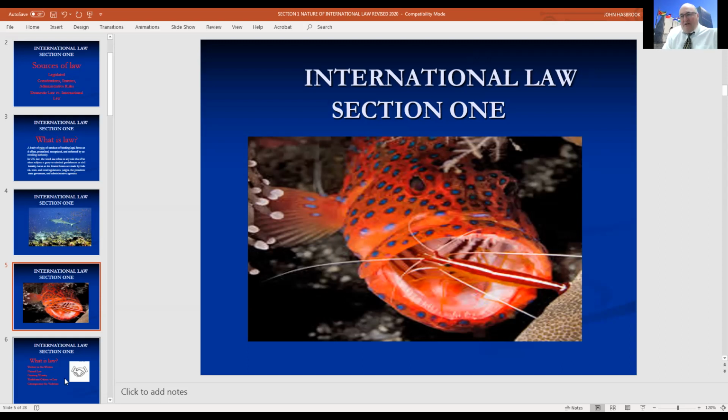Now, again, what does this have to do with international law? Well, historically, and also in current modern international law, we see the same type of idea. That is, even though a larger country, such as the fish, could easily swallow the shrimp, many times international law is created through treaties, organizations such as the United Nations, the World Trade Organization, the European Union.